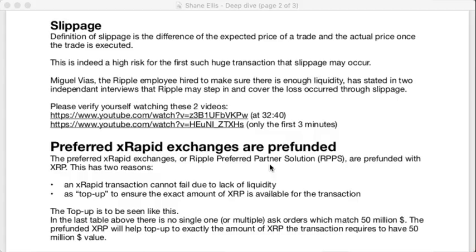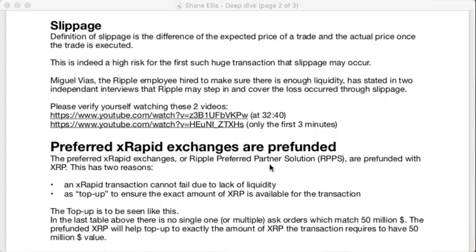Now, the other argument coming from people trying to debunk the Shane Ellis theory is slippage. Easily explained, slippage is basically the difference between the expected price of a trade and the actual price of a trade once the trade is actually executed.